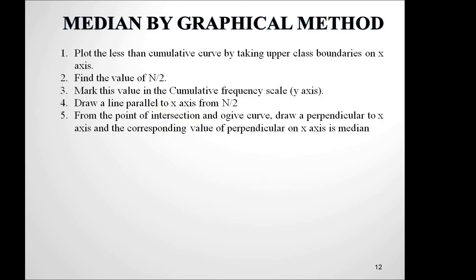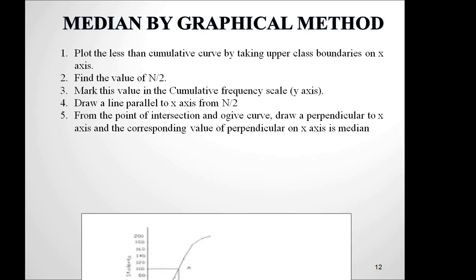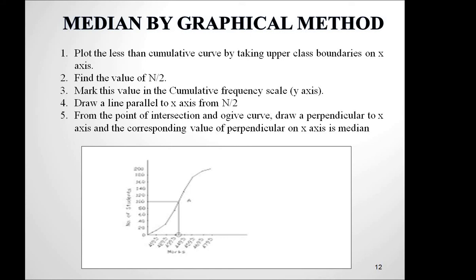There is another way to obtain median, that is the graphical method. In order to obtain median, we first plot a less than cumulative frequency curve by taking upper class boundaries on the x-axis and less than cumulative frequency on the y-axis. Then mark n by 2 on the y-axis.